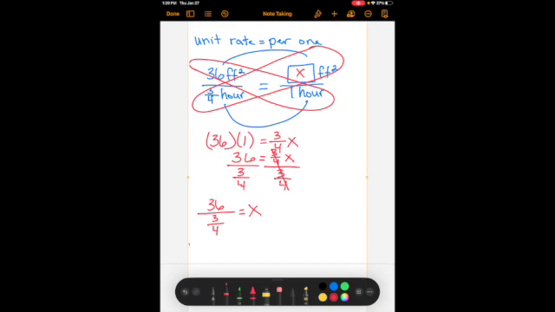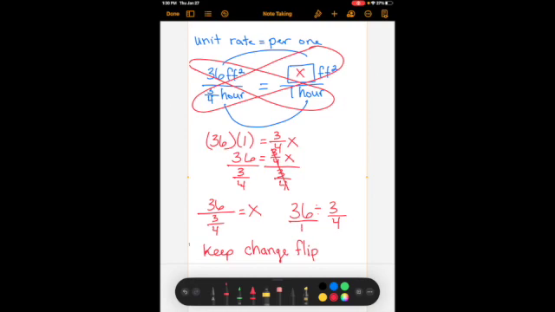equals x. Now, in order to do division with fractions, I need to remember keep, change, flip. 36 divided by 3/4.